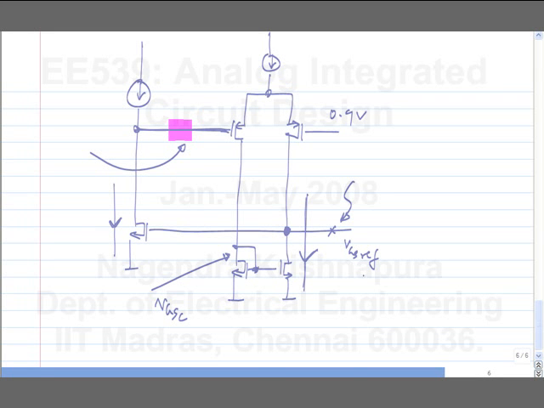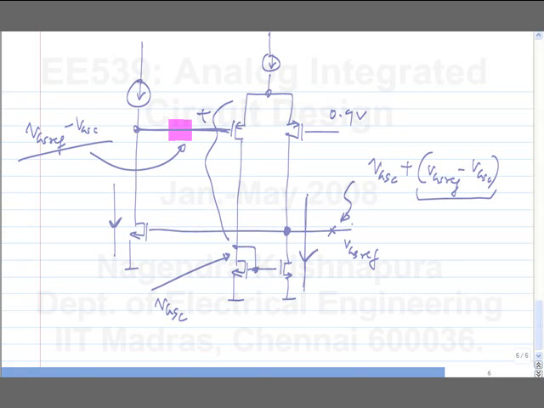The quiescent voltage you can think of as VGSC, and it needs to have an increment VGS ref minus VGSC. This extra increment divided by the DC gain of this particular stage from this input to this output will be the systematic offset here. So the systematic offset is definitely smaller because of higher DC gain, but it is still there.